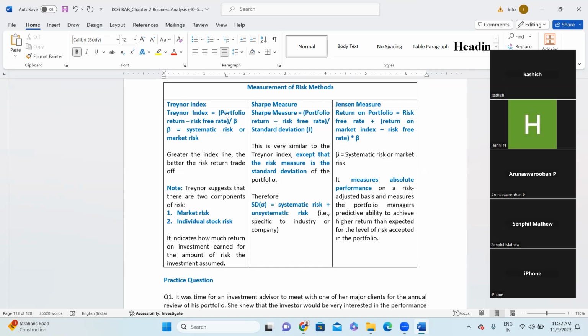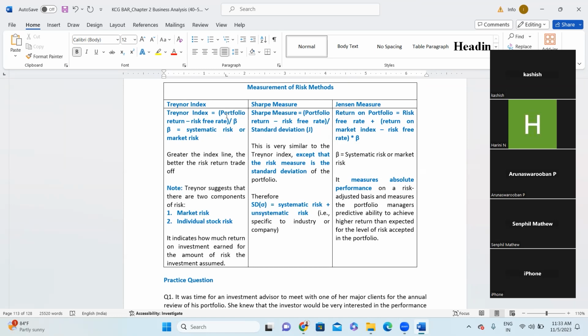And what is beta? Beta is systematic risk or market risk, right? What is the formula? Portfolio return, how much return you have achieved, minus the return on risk-free investment. So that is your delta. That means that is the premium which you have achieved by making investment in a riskier investment opportunity, right?